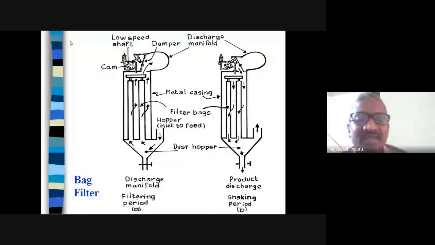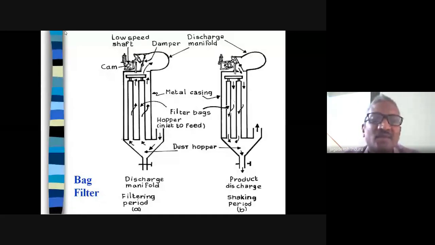In the working, first we enter the filtering phase. In the filtering phase, the hopper inlet receives the material containing air and solids, and they enter the bags. You know the bag has an aperture size smaller than your powder, so the powder is blocked and stays inside the bag, and the air is free to go out.